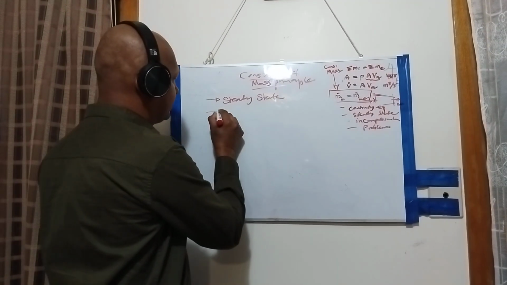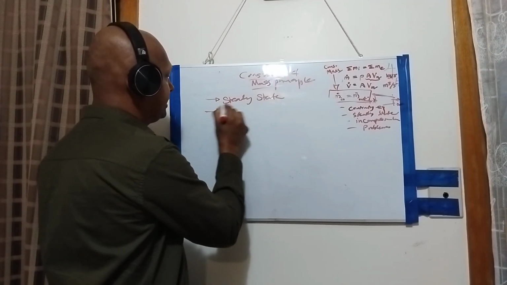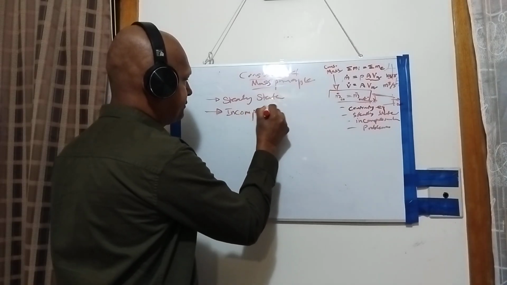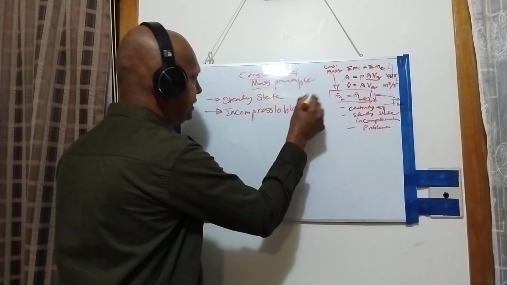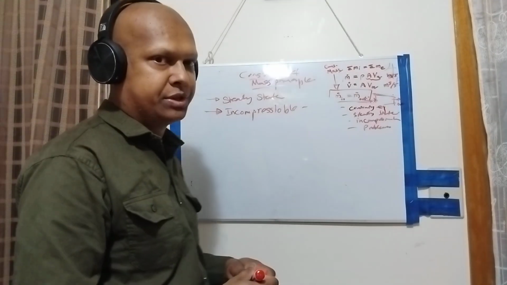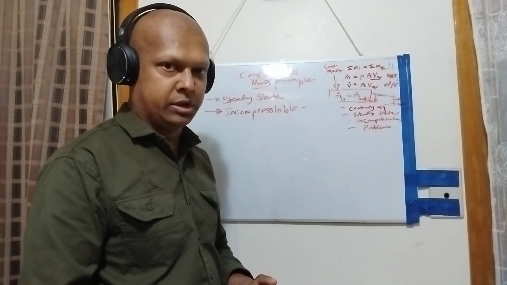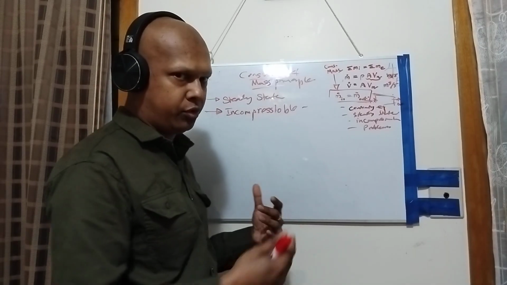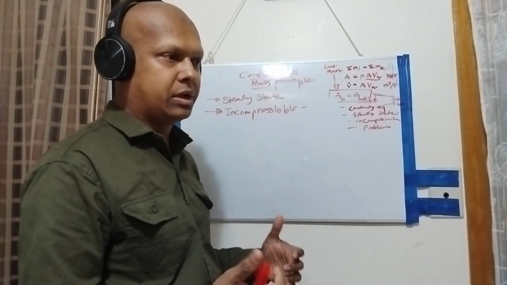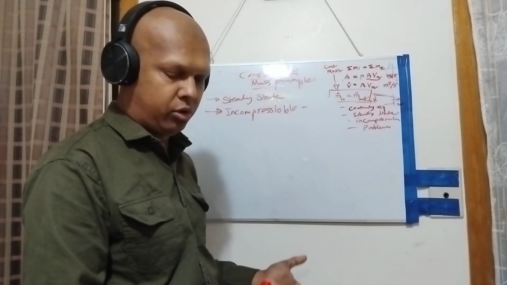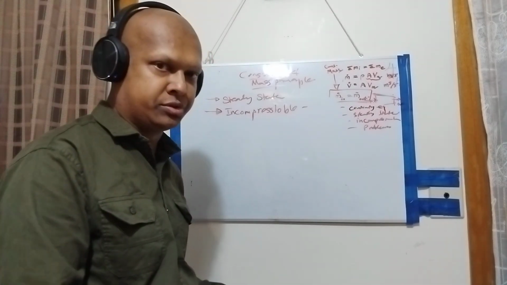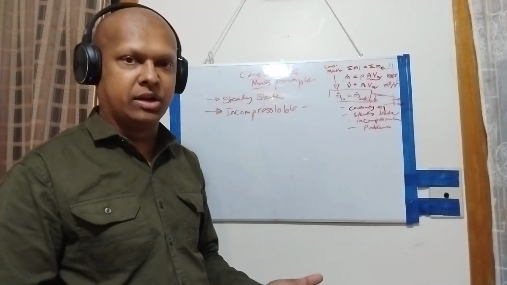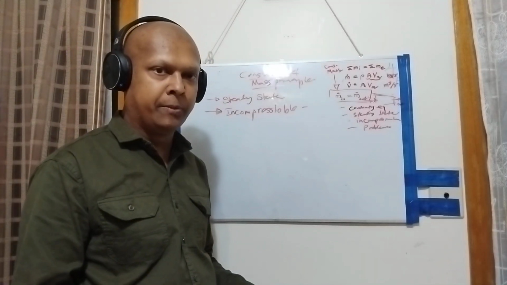And the second one is incompressible flow. The fluid has to be incompressible in order for the mass flow rate to be constant, or the volume flow rate to be constant, because, for example, water itself is an incompressible flow.